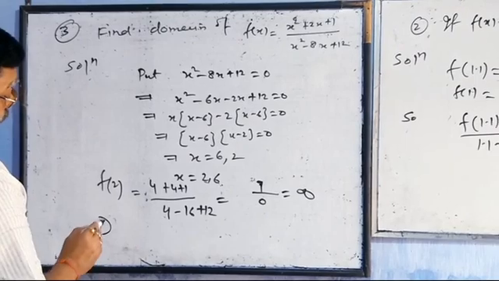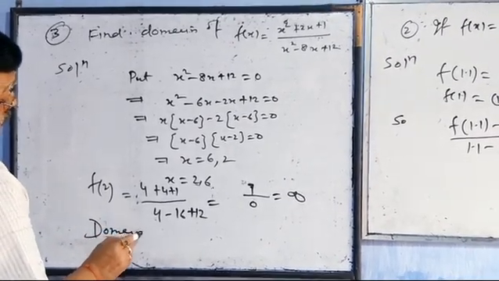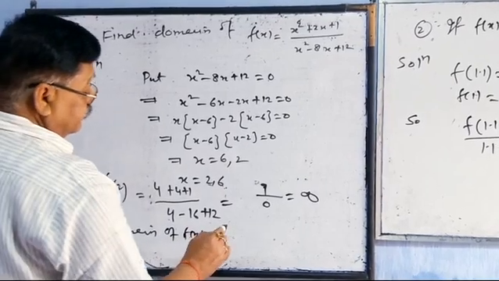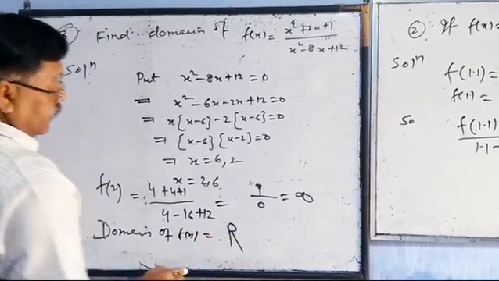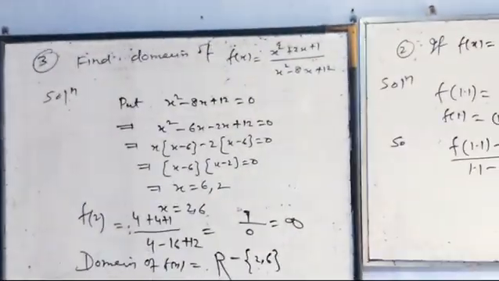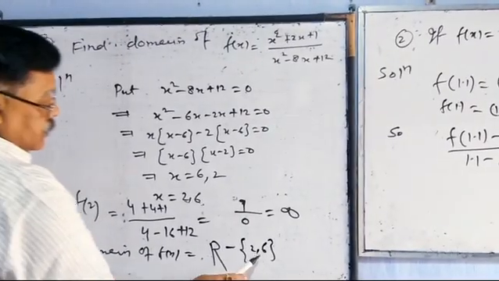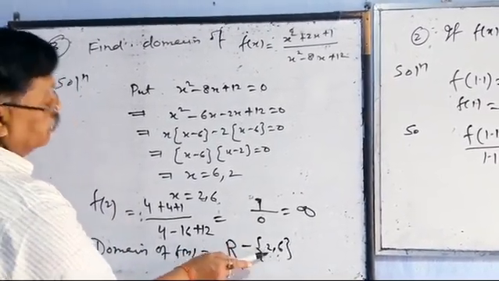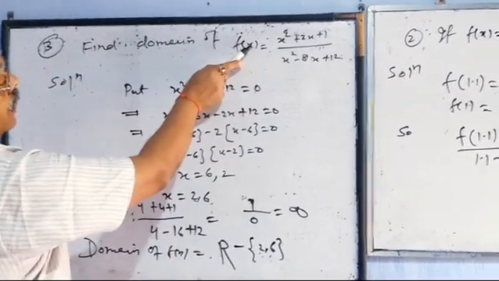So the domain of f(x) is equal to the real set minus {2, 6}. From the real set, we subtract 2 and 6. Why are we subtracting, student? Because for 2, this value is undefined.